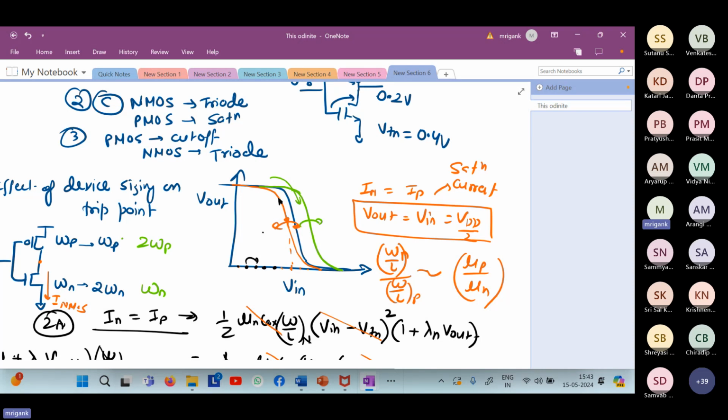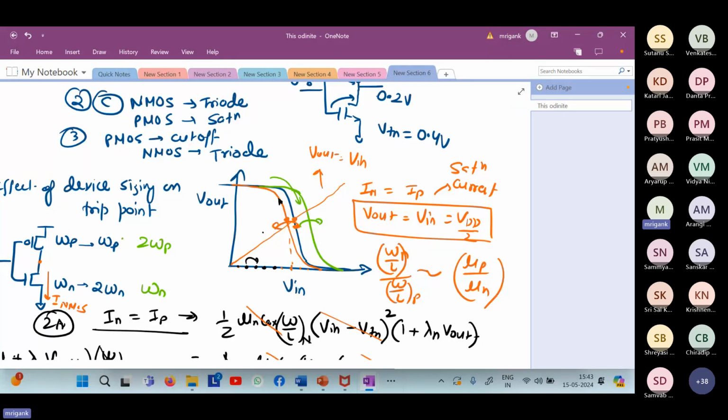What about the other logic gates? So is this point clear for the inverter? Like how are we deriving it? What is the way to get the trip point? Remember, the trip point is the intersection of this curve with the V out equal to V in curve, the 45-degree curve. And wherever it is intersecting, it is a trip point.